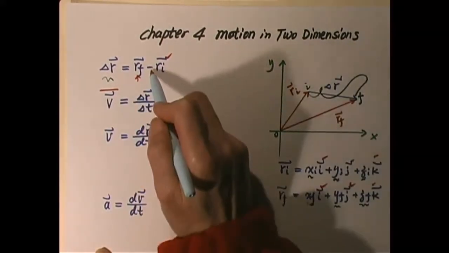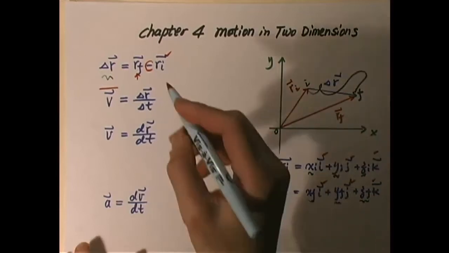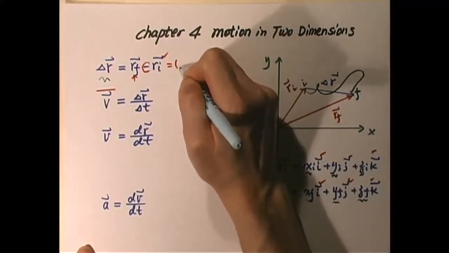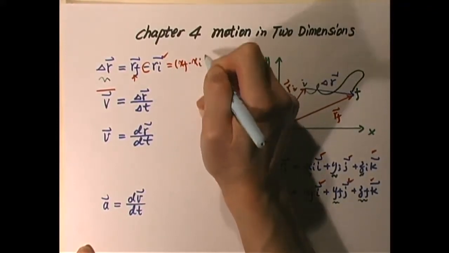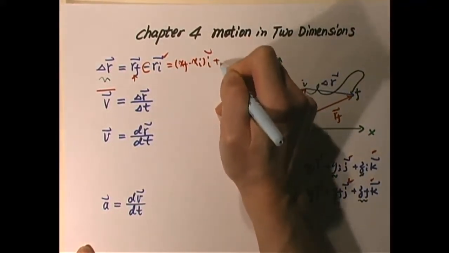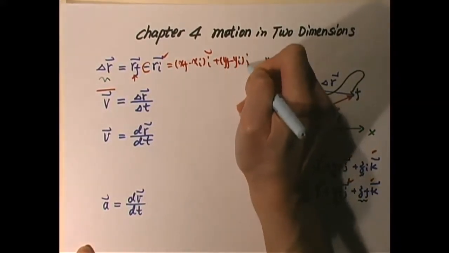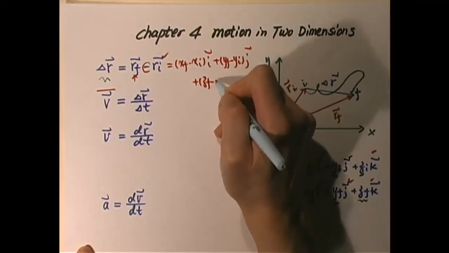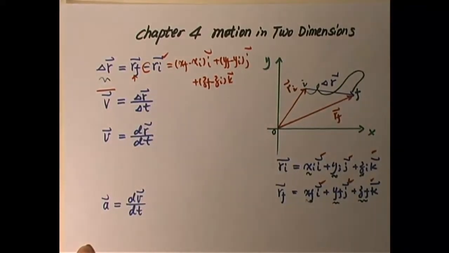As we learned how to subtract two vectors, the i terms subtract each other. So that comes out as x final minus x initial of i, plus y final minus y initial of j, plus z final minus z initial of k. That is the change of position.